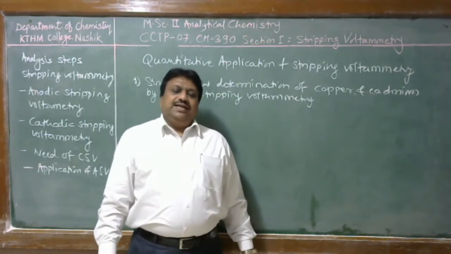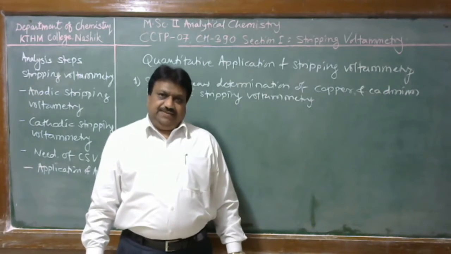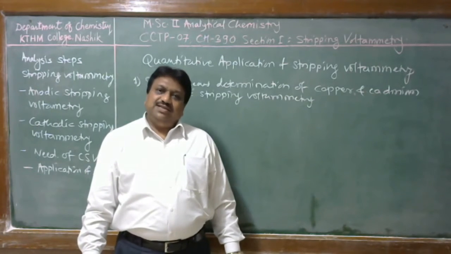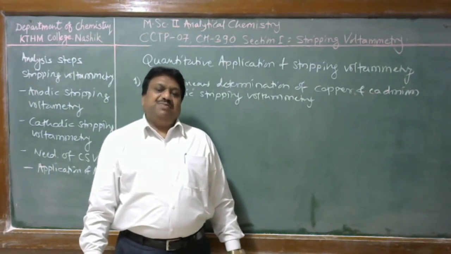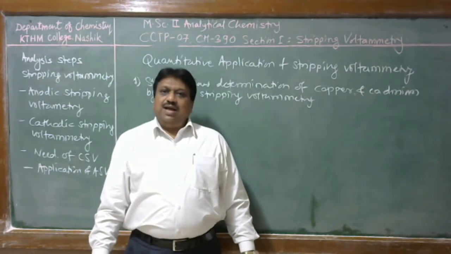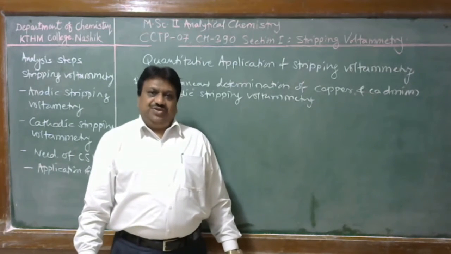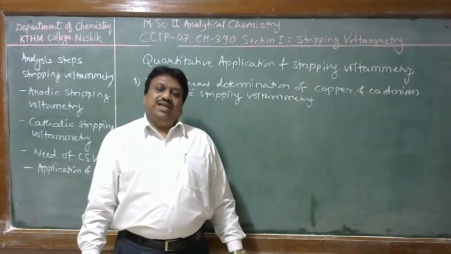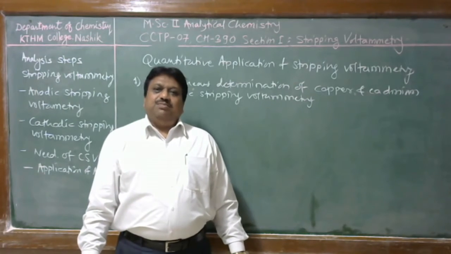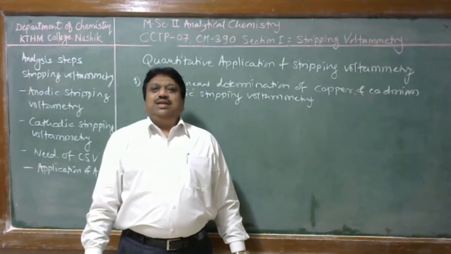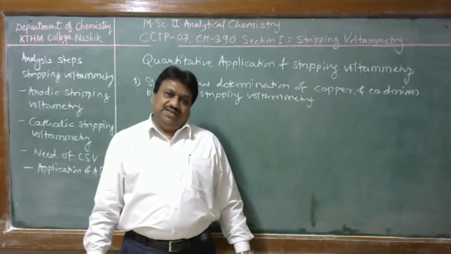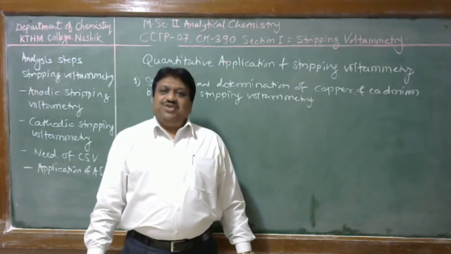If a sample solution contains two or more depositable species that differ widely in their reduction potential, those can be simultaneously determined by stripping voltammetry. Now we discuss the application of anodic stripping voltammetry in determination of copper and cadmium from a mixture. Copper is oxidized at a potential of minus 0.2 volt, while cadmium is oxidized at minus 0.6 volt. Therefore, the oxidation potentials of these two species differ widely, and we can easily determine copper and cadmium from the mixture.